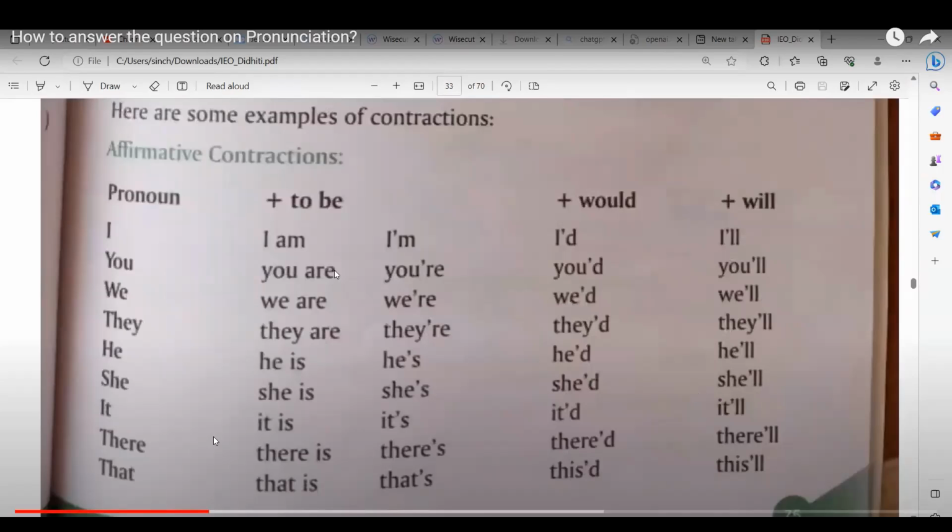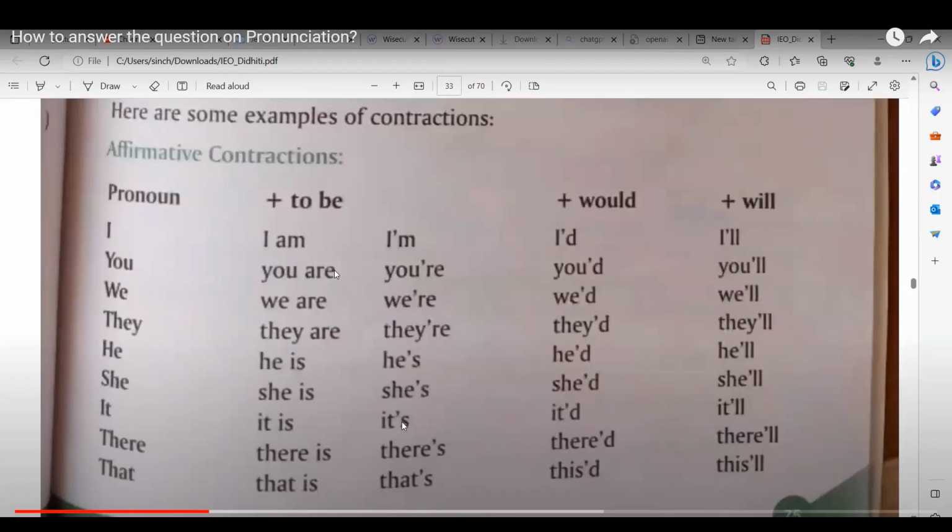Okay, now Debangshu, read it better. Yes, ma'am. It is, it would, it will. Very good. Excellent. Now, what is happening here?